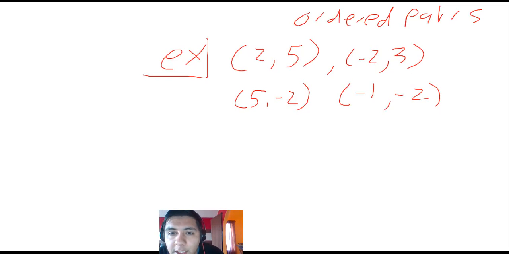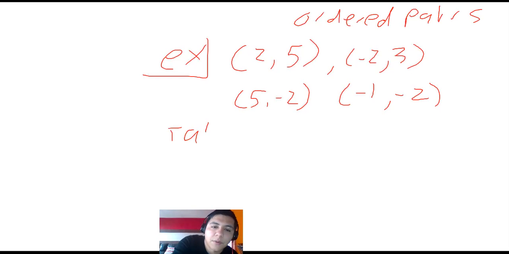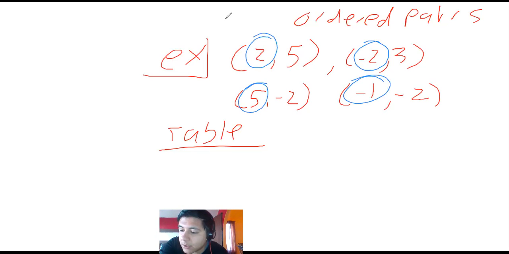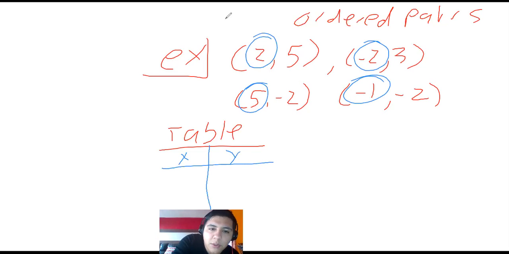But let's say we want to put these into a table. So what we would do is we take all the x values. So the x values are the first numbers here. Let's go ahead and put them into a table. So x and y. We're going to put 2, -2, 5, and -1. So that goes on the x values.